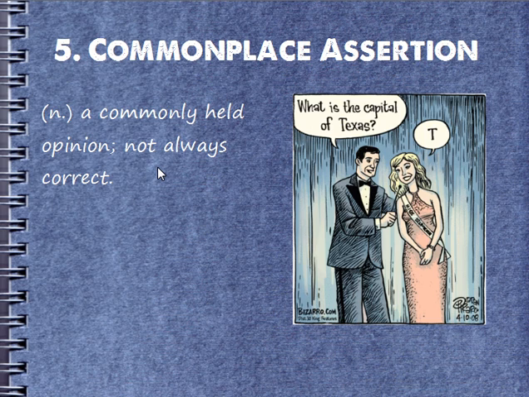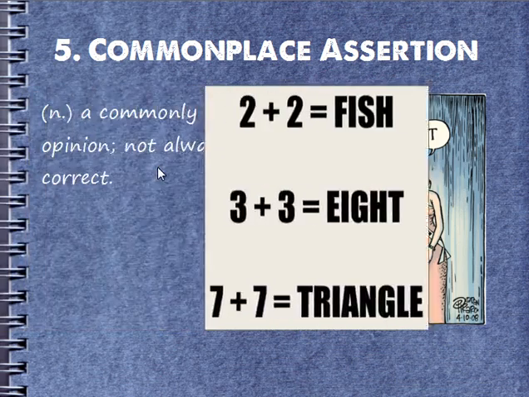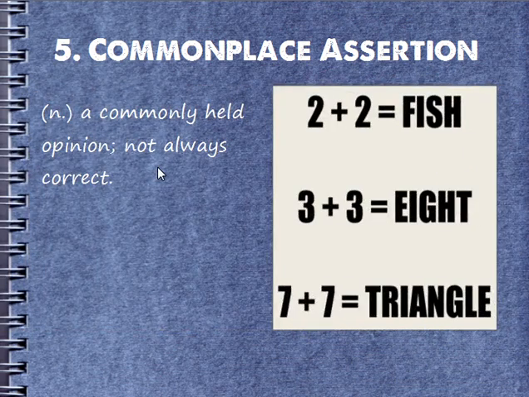Let's look at another graphic and see if we can figure out the commonplace assertion, the opinion that most people hold. 2 plus 2 equals fish, 3 plus 3 equals 8, and 7 plus 7 equals triangle. If you were to look at this as a little kid, you'd probably be really confused. If you're looking at it now and you're really confused, that's okay.